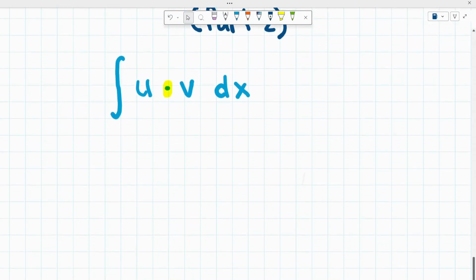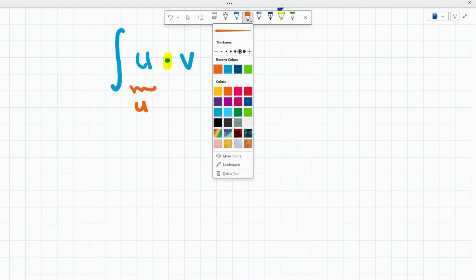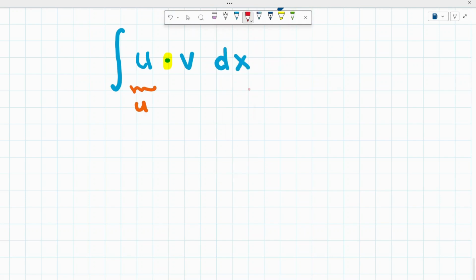Okay, so what we have here is two functions, u and v, that are functions of x. We're going to label our u, and then we're going to go ahead and label the rest of the function, our v dx, as dv.